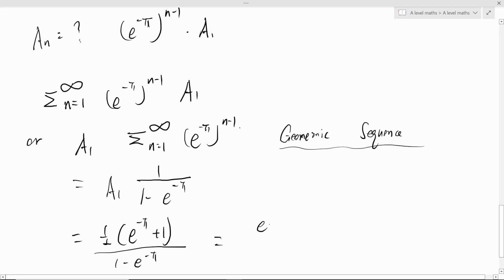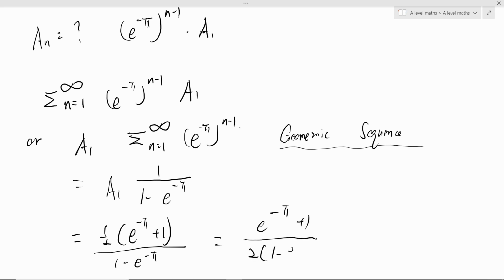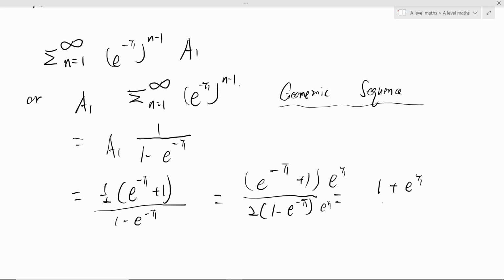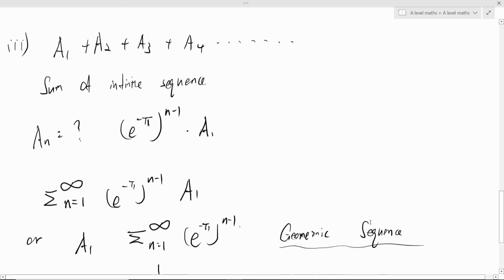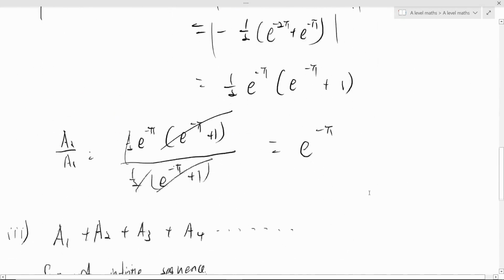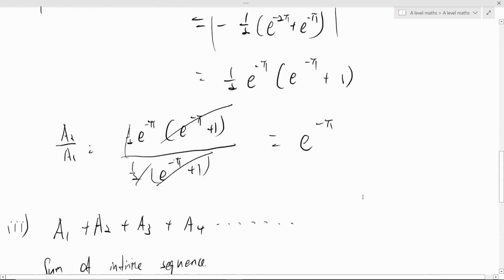If we multiply by 2, we shall have e to the minus pi plus 1 over 2 times 1 minus e to the minus pi. I think the only thing we can do is multiply by e to the pi on both top and bottom. And now we achieve 1 plus e to the pi over 2 times e to the pi minus 1. And that fits the required form. Okay, and that's the end for this question.